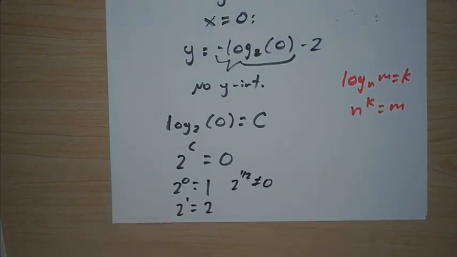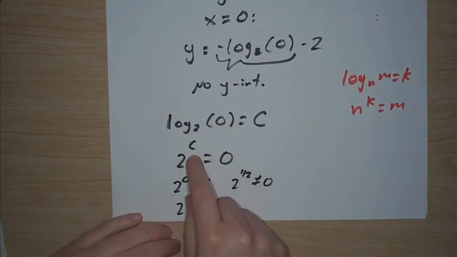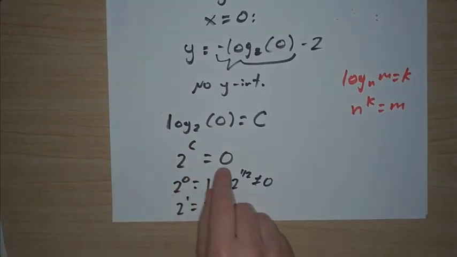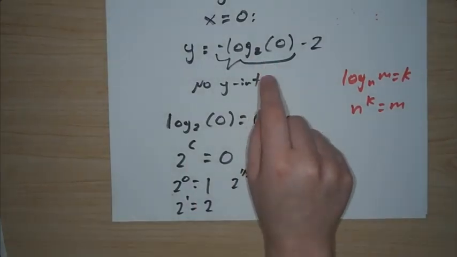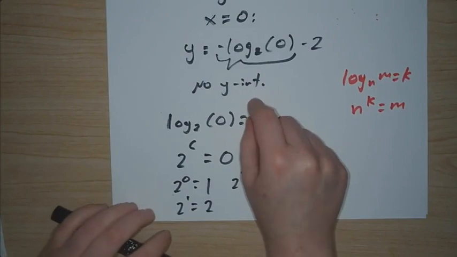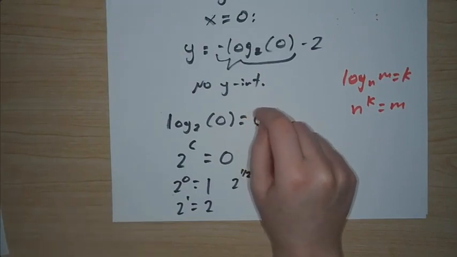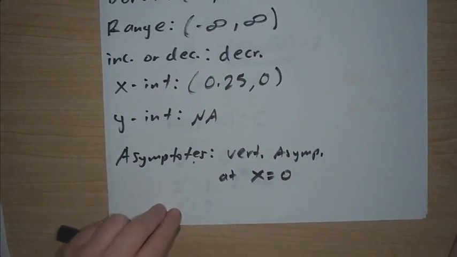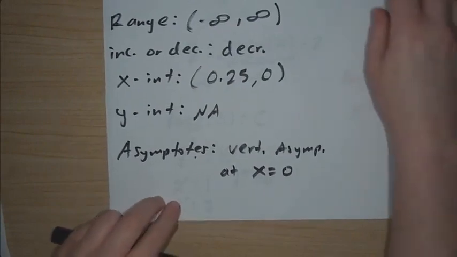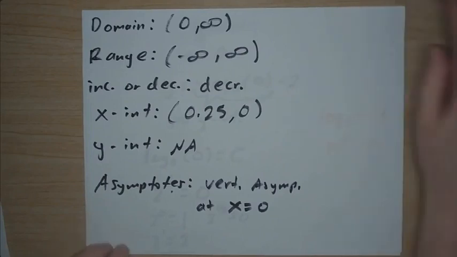So there's nothing that c could be to possibly make 2 to the exponent c equal to 0. And so this is not a possible statement, which is why there's no y-intercept, which is what we saw on the graph. But that's how we would know it algebraically. And so we have successfully found the key information of our function.